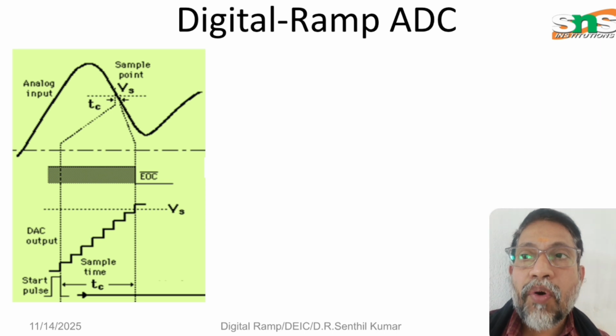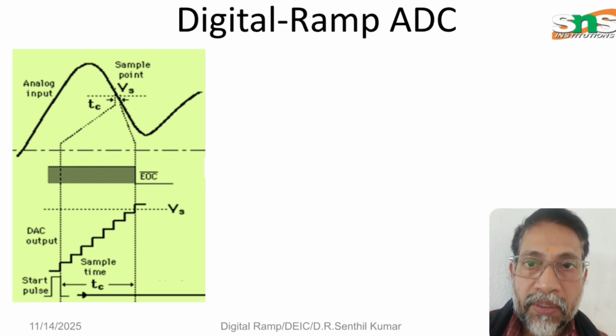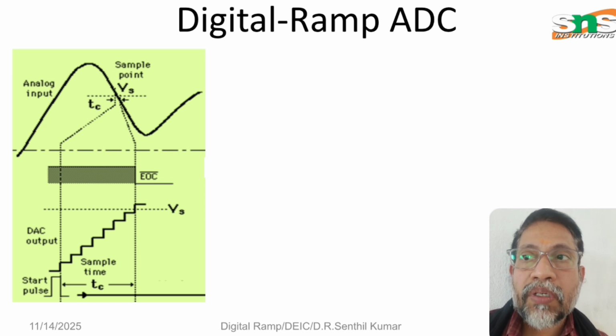If the sample point is above this comparison, then another pulse is given. If the sample point is below this comparison, then we stop the pulses, and we assume that the sample value is in between 7 and 8.